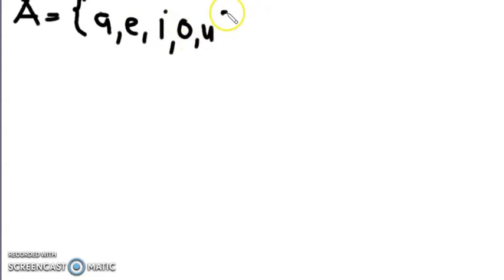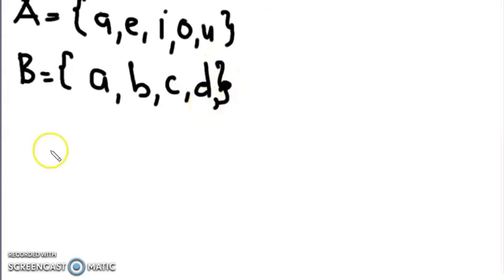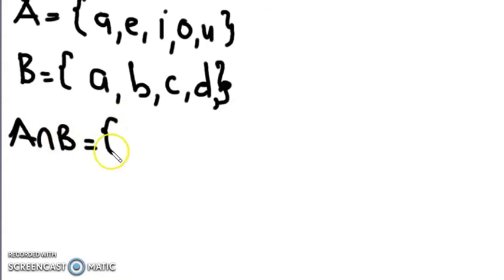Let's take a look at another example. Here we look at a collection of alphabets. Let's say set A has elements A, E, I, O, and U. And let's have another set B. Let's say set B has elements A, B, C, and D. Now, A intersection B are elements in both A and B. As you can see, A is here and A is in B too.